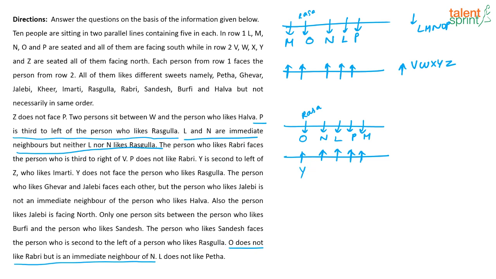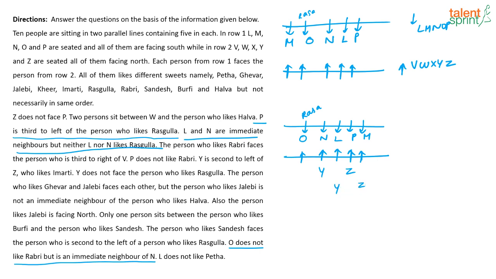So Y cannot come here, right? Now it is given Y is second to the left of Z. So if this was Z, this is Y, which is not possible because it is very clearly given Y doesn't face Rasgulla.